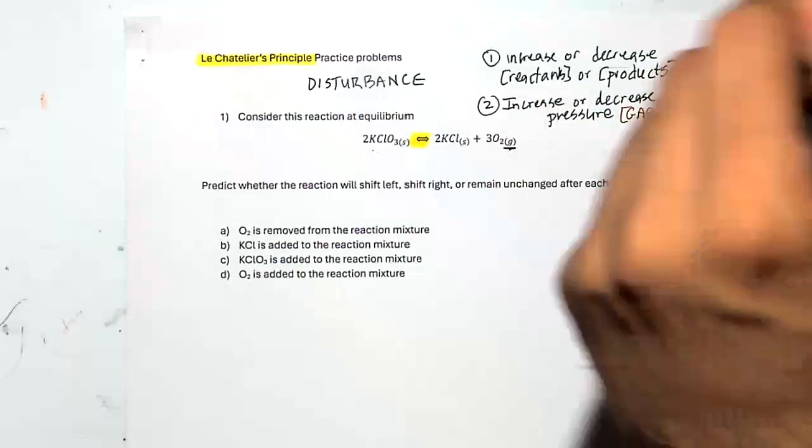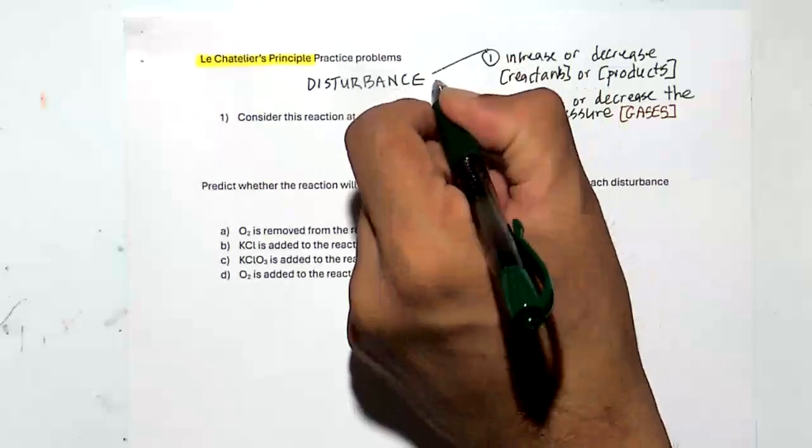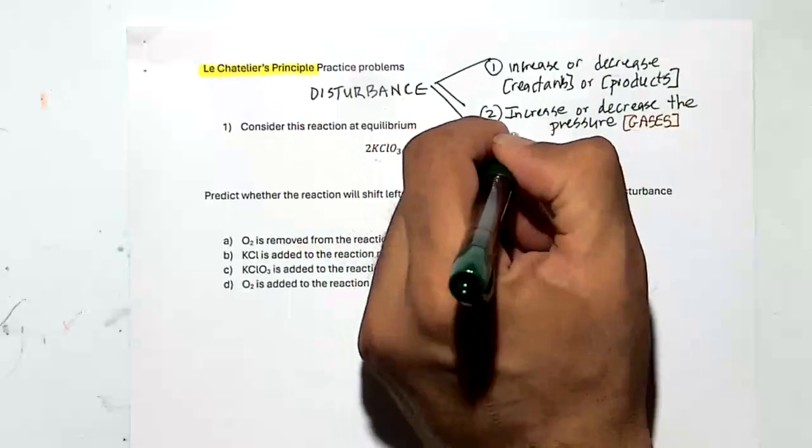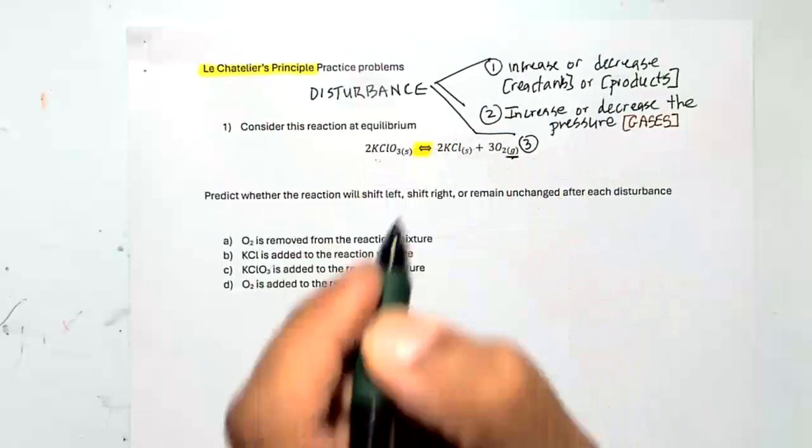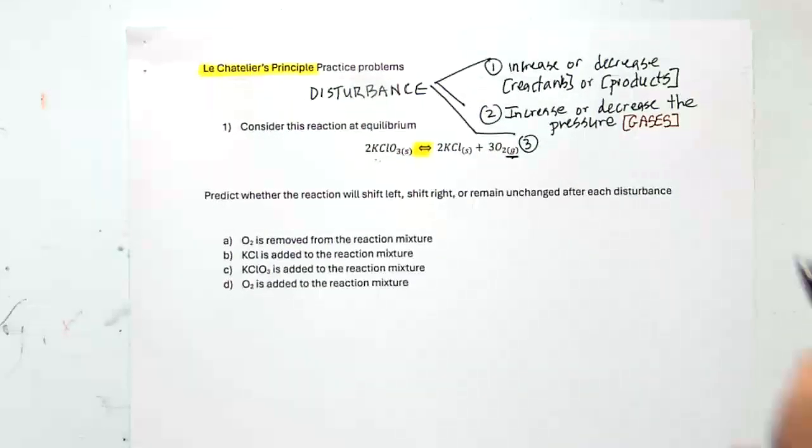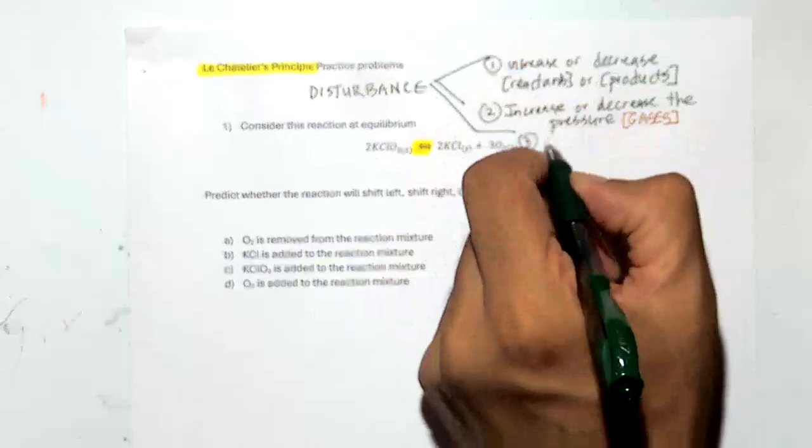Okay, and the third thing you can do to disturb an equilibrium is you can increase or decrease the temperature.